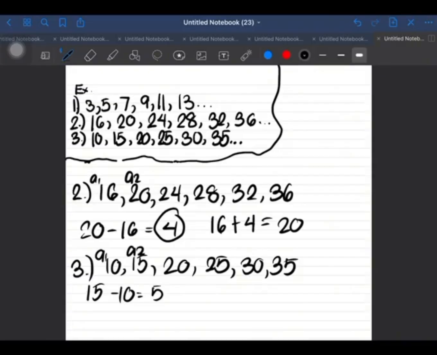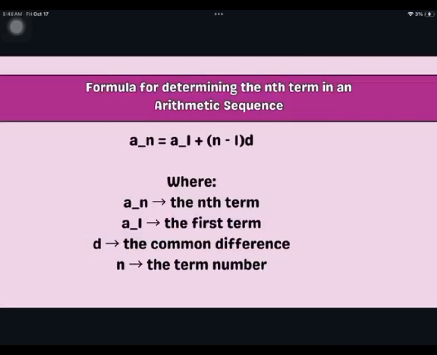And now let's solve number 3. So 10 plus 5 is equal to 15. The 5 was our common difference. So now let's go to another topic.